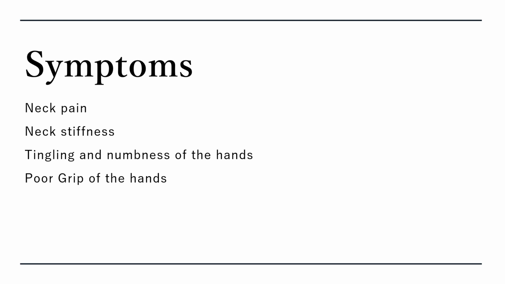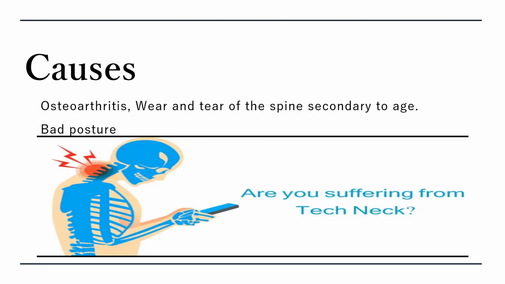Then they might develop tingling and numbness of the hands, and then in later stages there will be weakness of the hands, and the main symptom, they will suffer from poor grip of the hands. They will say, well, I cannot really hold things. I might have accidents where the cup of tea has fallen from my hand.